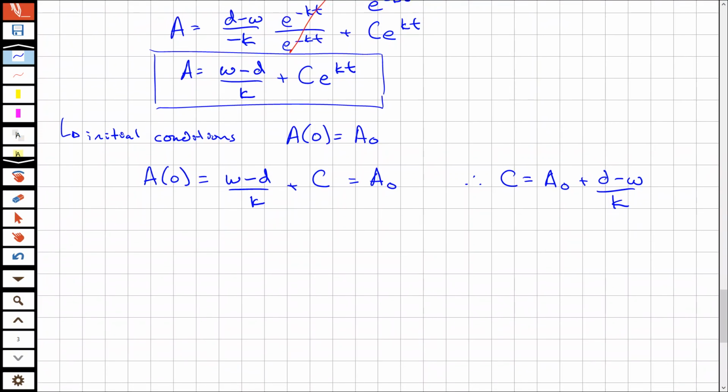Okay. If we plug c back in, then I know my final equation is going to look like this. I get w minus d over k plus A naught plus d minus w over k, times e to the kt.